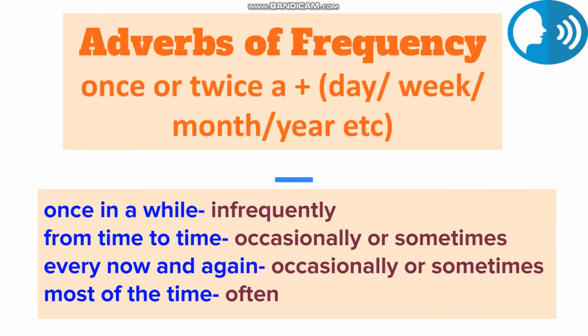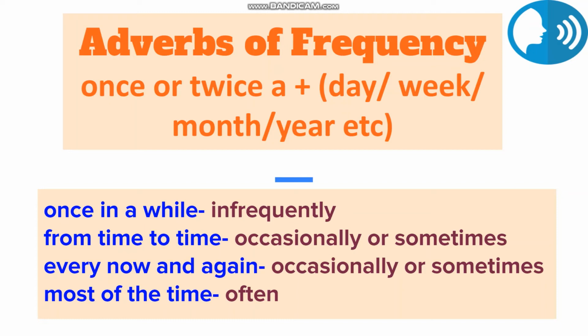Moving on. In addition to these adverbs, there are a number of other English expressions that can help you say how often something happens. You can use once or twice with another expression like a day, a week, or a year. You can say once in a while, and these expressions are similar to the adverb infrequently.